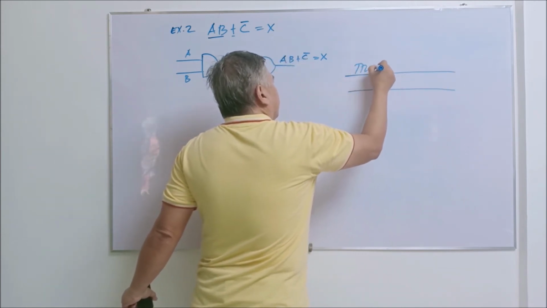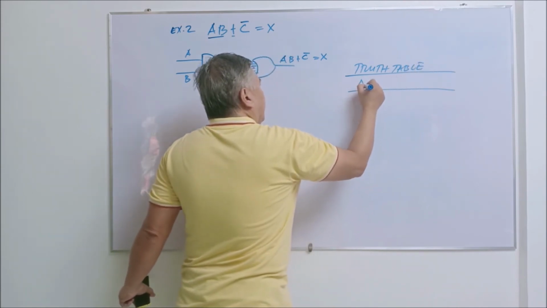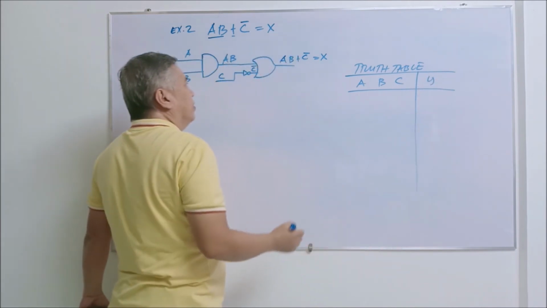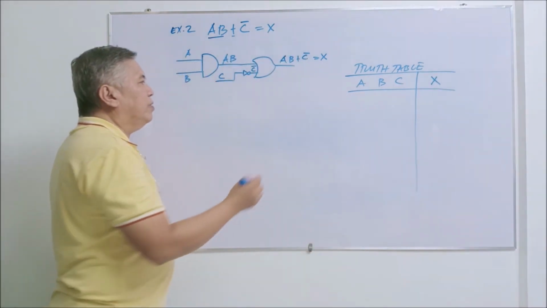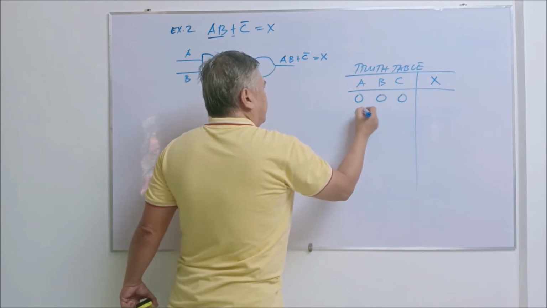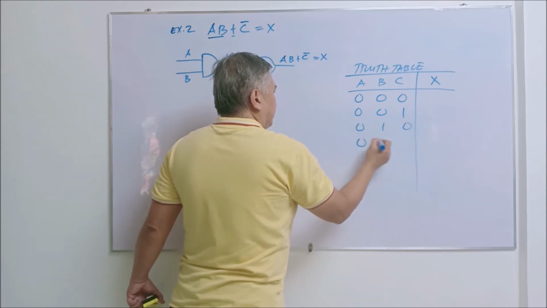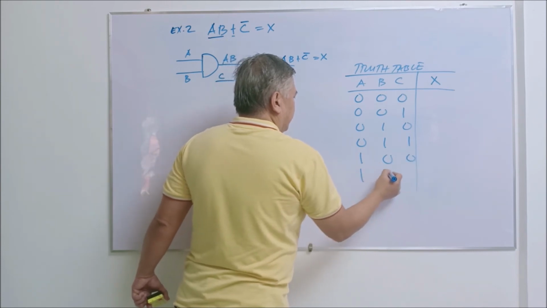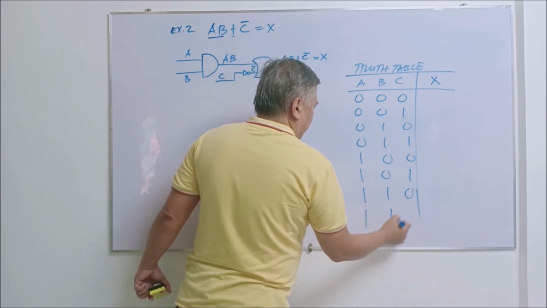So you have the truth table. You have A, B, and C, then you have output Y, or X, I mean. So, combinational values of A, B, and C: 0, 0, 0; 0, 0, 1; 0, 1, 0; 0, 1, 1; 1, 0, 0; 1, 0, 1; 1, 1, 0; and 1, 1, 1.